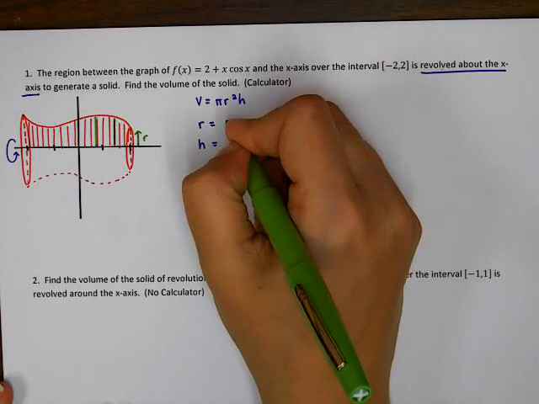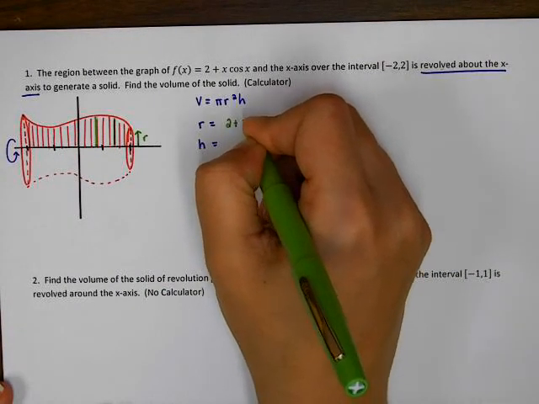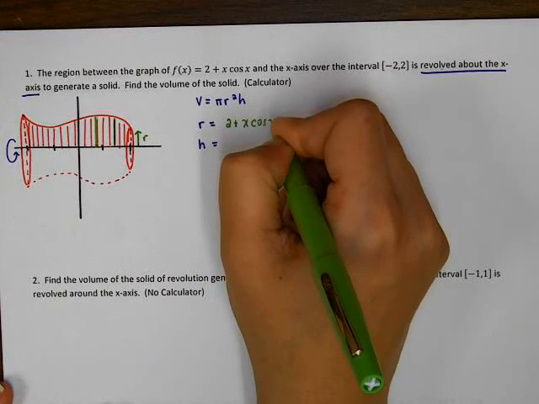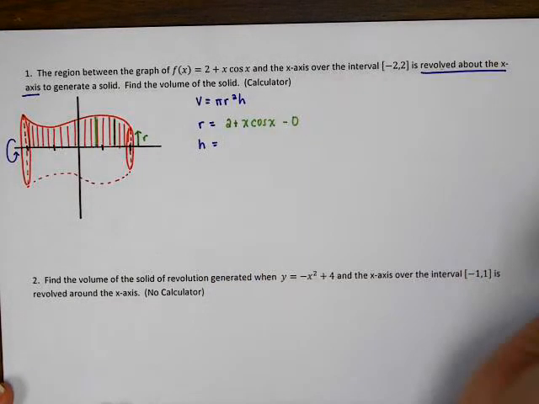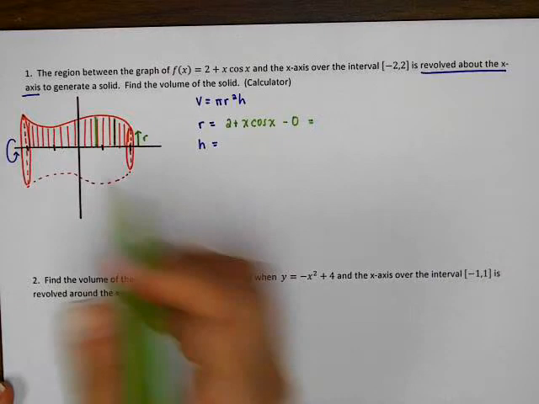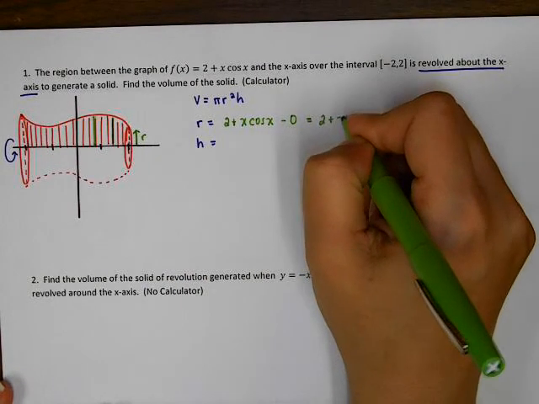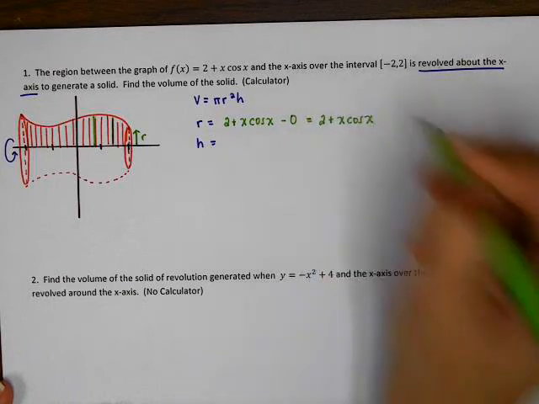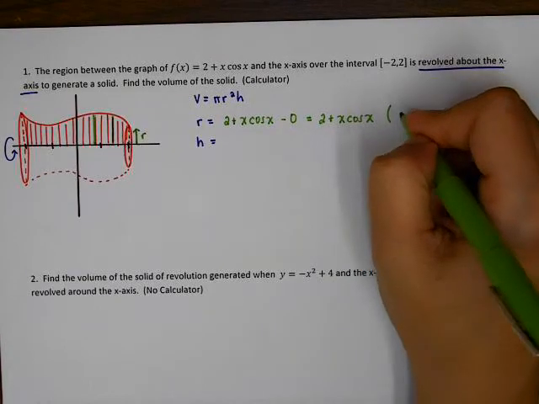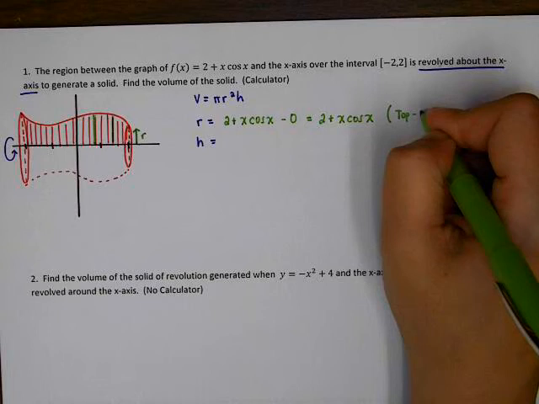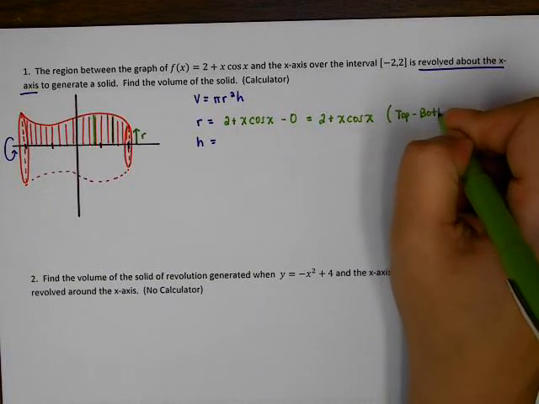Or in other words, it would be 2 plus x cosine x minus 0, because the bottom is just the x-axis, which means I would just have 2 plus x cosine x. And if you want to make a note, that's because I'm thinking top minus bottom to get that distance.